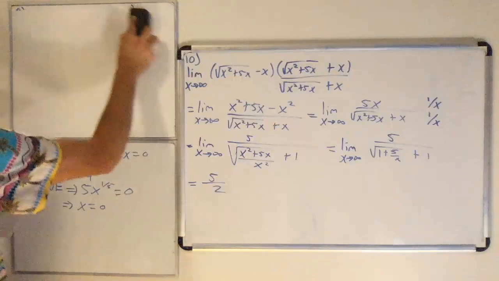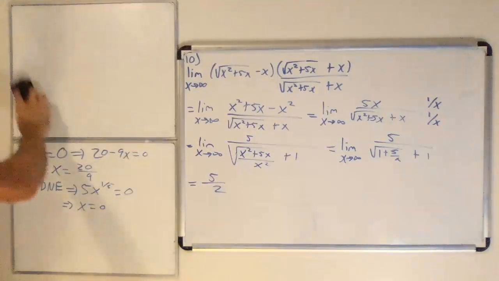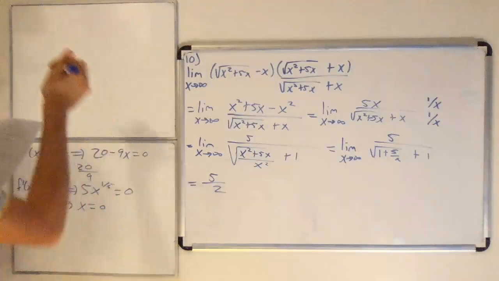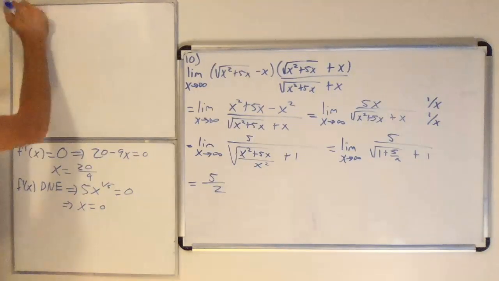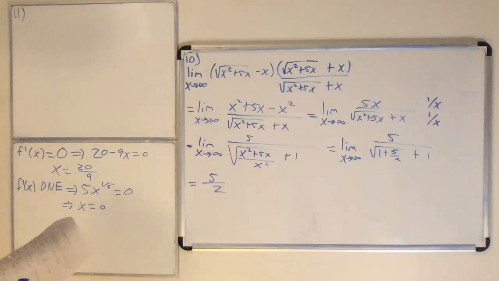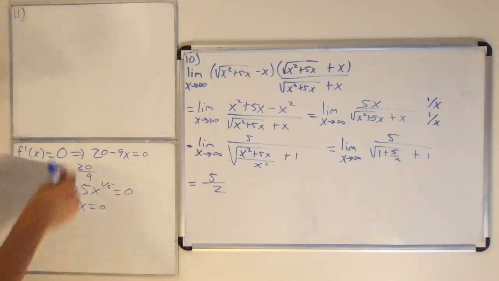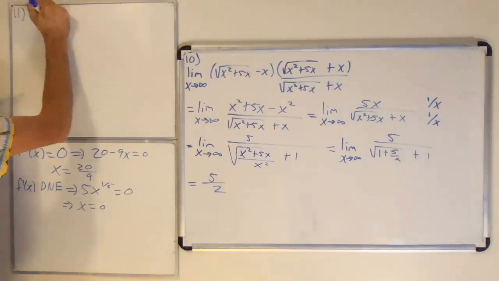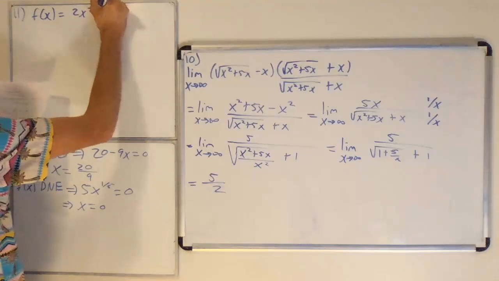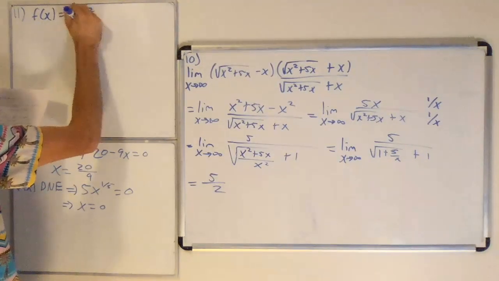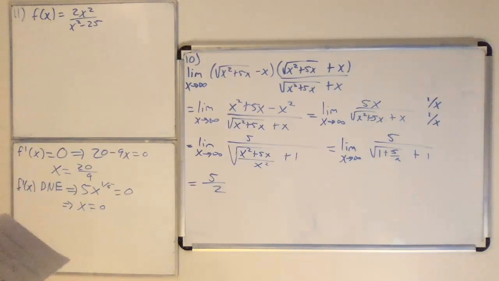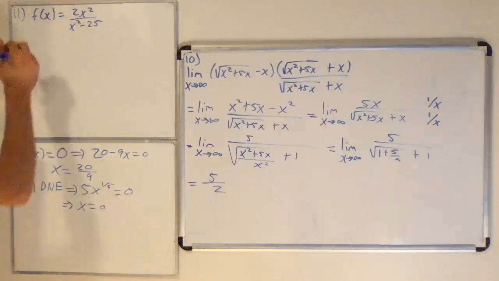Okay, so this question is number 11. I don't know if I just said number 10. But number 11, we're given the function, the derivative, and the second derivative, and we want to sketch it. Our function was 2x squared over x squared minus 25.